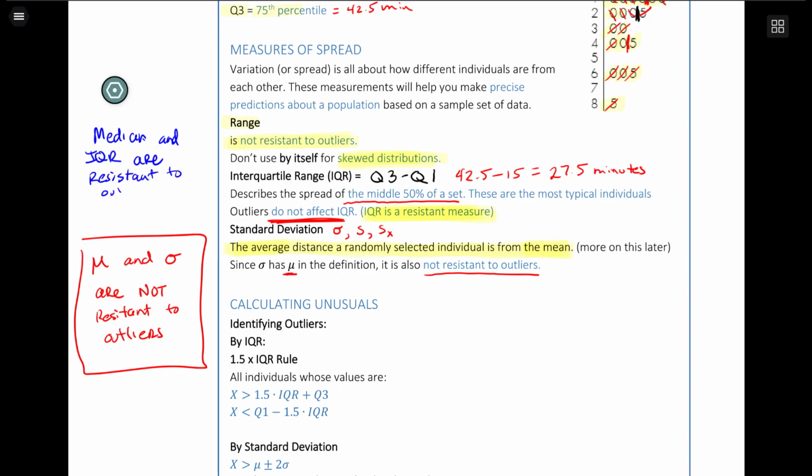So what that tells me is that these two should always go together. And it makes sense too, because hey, how did we find IQR? We found IQR by looking at Q3 and Q1. Well, how did we find Q3 and Q1? We had to go based off of the median. So these two, median and IQR, should always be used together. Mean and standard deviation, they should always be used together.